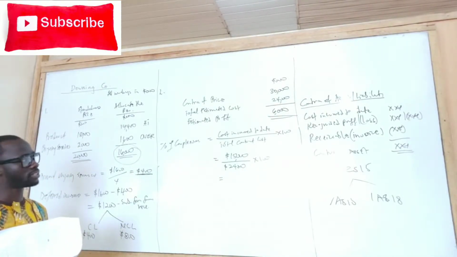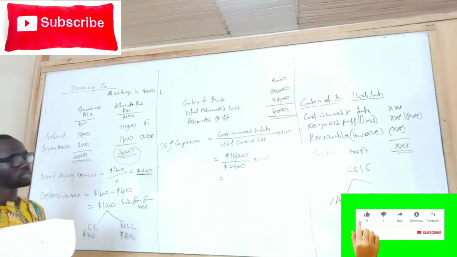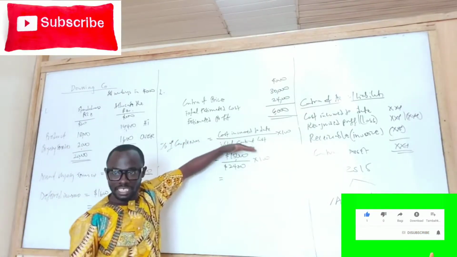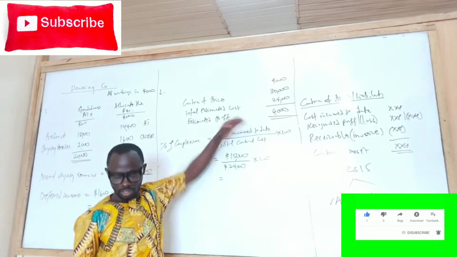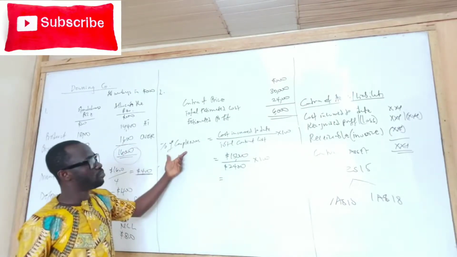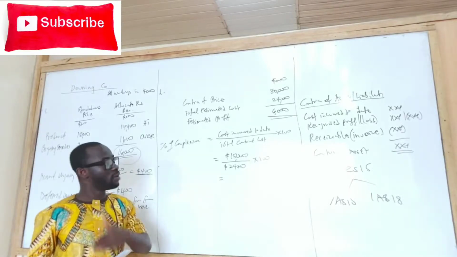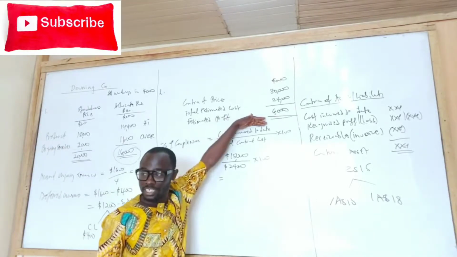Less payments? When you are calculating percentage of completion, do you get that this is the formula? This is the input method, when they say we should do input. With the input method, you look at the cost incurred to date over total cost.